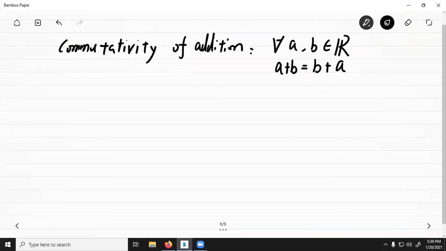This is called an axiom. We cannot prove it. We just assume the addition should satisfy this condition, which is called the commutativity of addition.